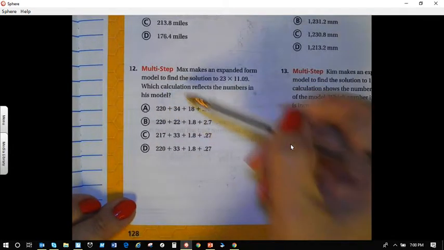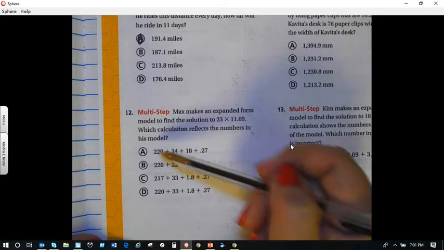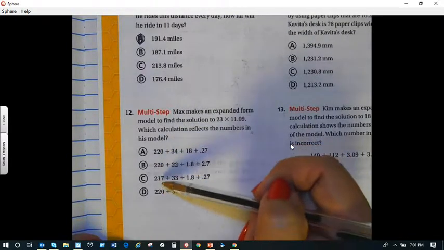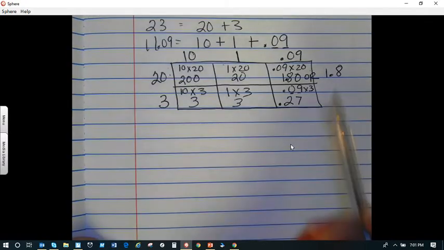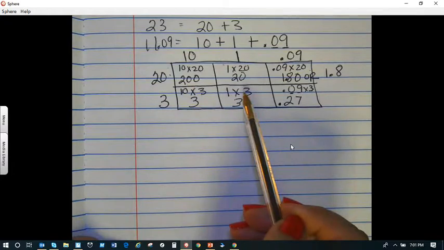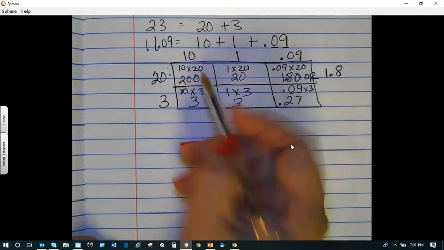My answer choices, it's asking me what are going to be the calculations that I have that are in my sections for my partial products. So in my sections, the first one is 220, this is 217, and 220. I'm going to look over here. What can I add up that will give me 220 or 217? Right here.